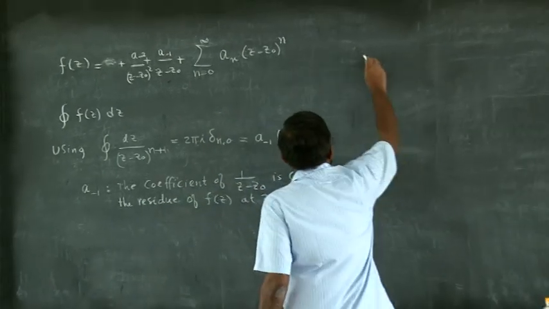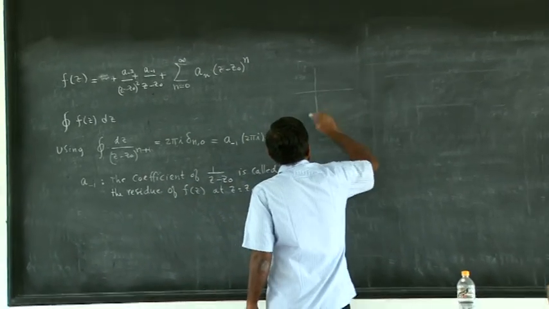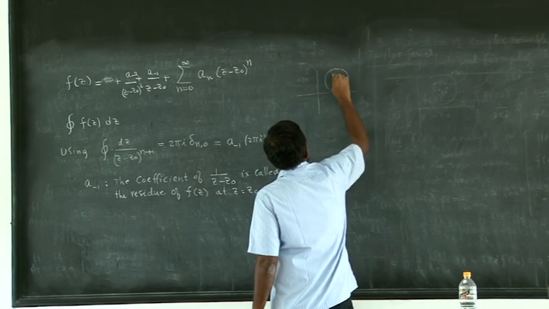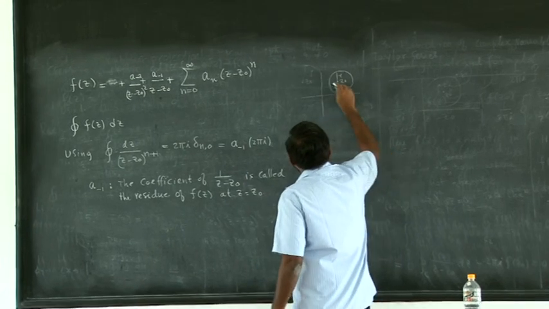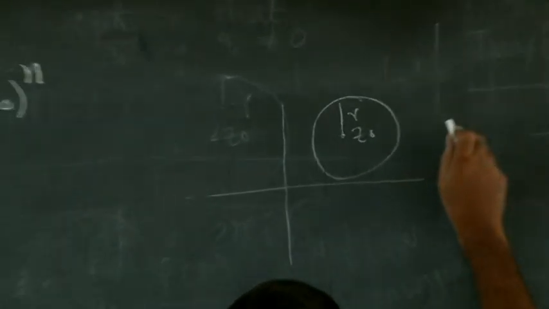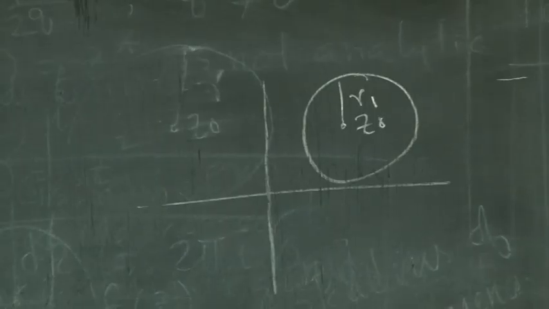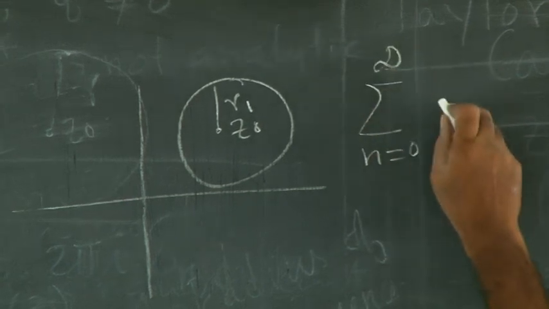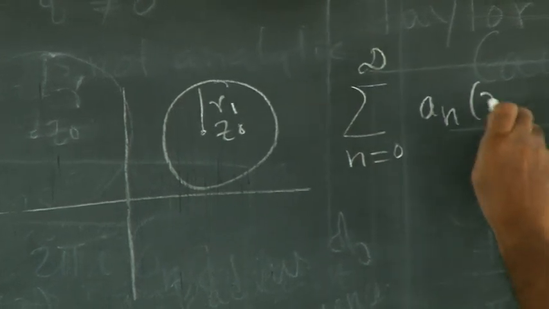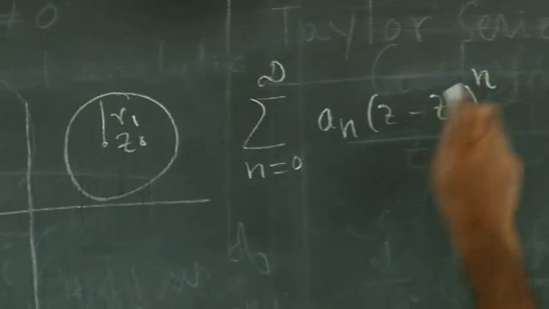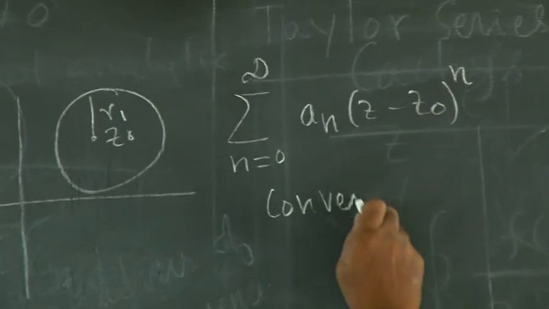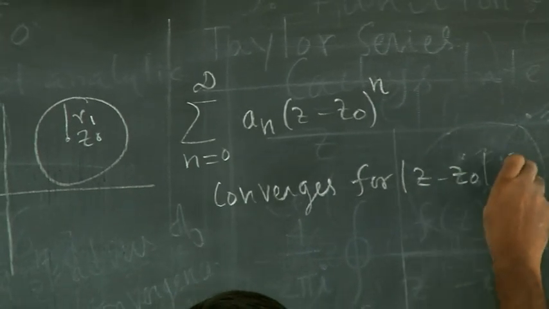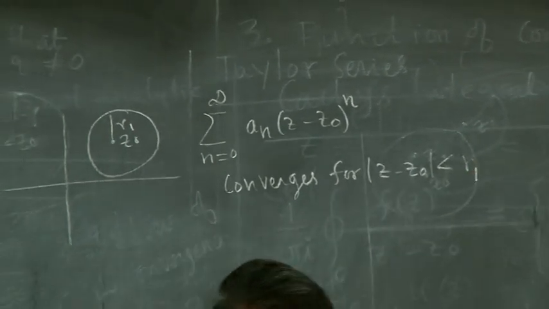So you can see in the complex plane, if you have z naught here, there is some r, let's call this r1, for which the sum over n equal to 0 to infinity of a n (z minus z naught) to the power n converges for modulus of z minus z naught less than r1.